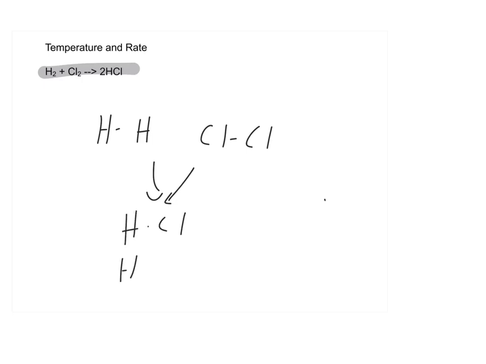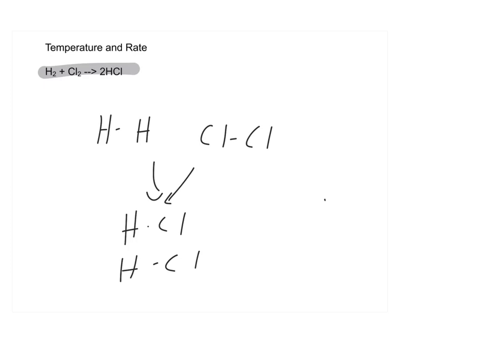Observe this reaction. Now you've got H2 and Cl2, and they need to come in contact with one another to create 2 molecules of HCl. Now how is that going to happen? Well, you might not think it matters, but the orientation of how these 2 molecules come in contact with one another makes a big deal.